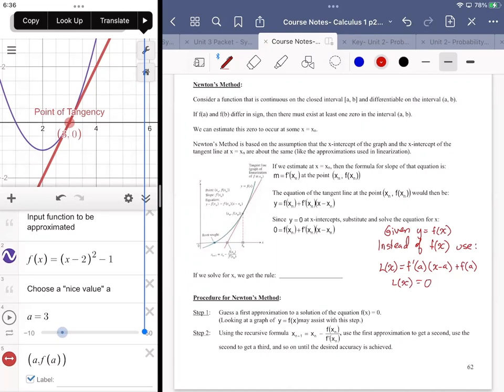Because if the L of x is a reasonable approximation of the function itself, then finding the roots of the tangent line could give us a sense of what the roots of the original function are.